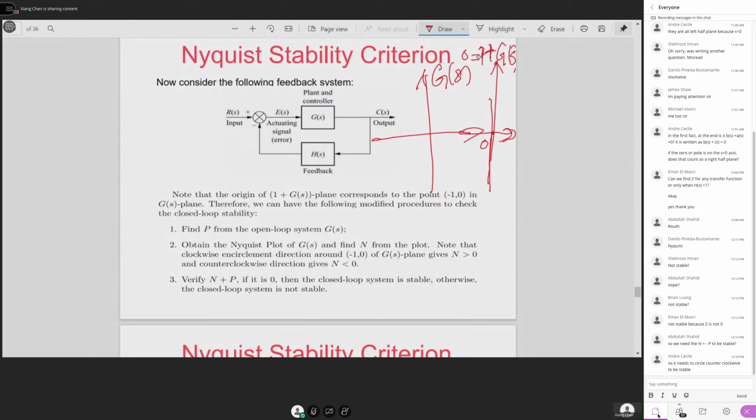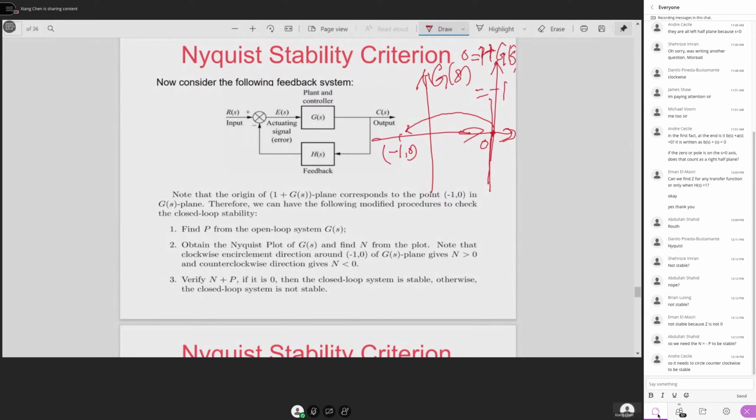If 1 plus G of S is equal to 0, then G of S must be equal to -1. So if you plot this on the G of S plane, this origin is going to be at this point. This is very easy to establish.